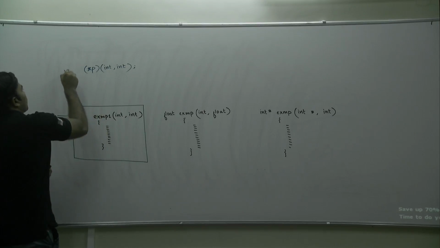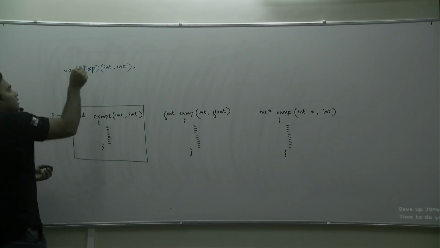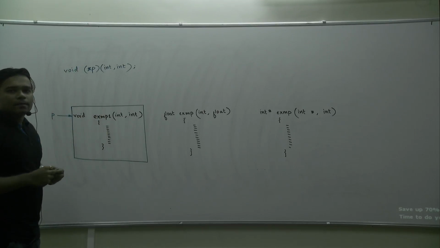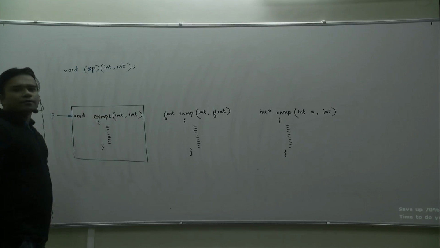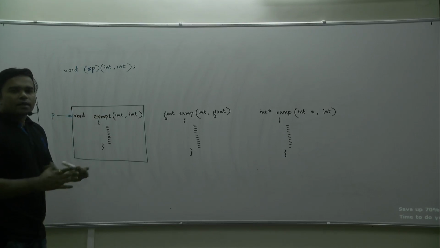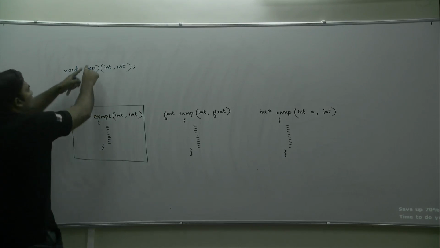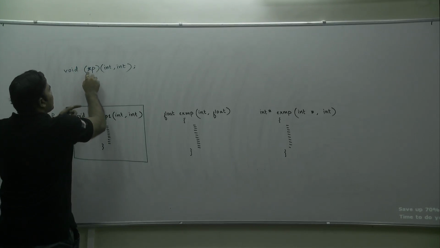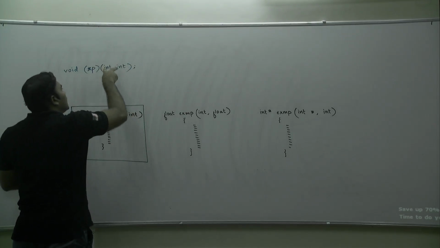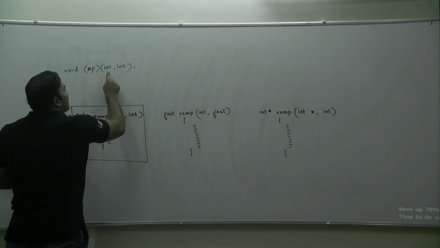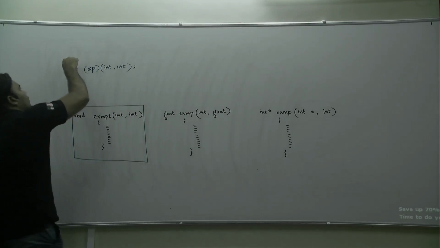Like this you have to declare the pointer, if you have to make this pointer point to the function. So how to read it, sir? Very simple. I have told you the Bodmas rule. P is a pointer to a function. And that function is such a function that it accepts 2 integers as the parameter and it returns void.